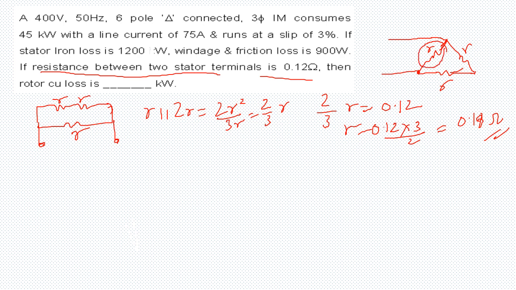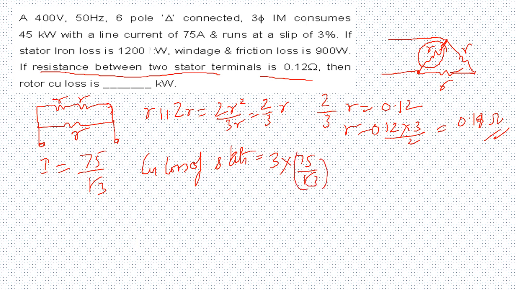Now that I have that, and I already know the current of each winding, I is 75 by root 3 as we discussed earlier. So the copper losses of the stator will be 3 into I square R, which is 75 by root 3 whole square into 0.18.